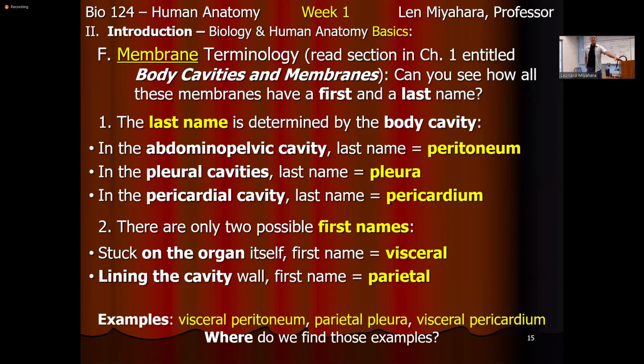So let's look at those examples on the bottom. Where do you find visceral peritoneum? The abdominopelvic cavity. Yeah, you'd find it lining your guts, right? Your guts are in the abdominopelvic cavity. If it's on the gut itself, it's visceral peritoneum. How about parietal pleura?